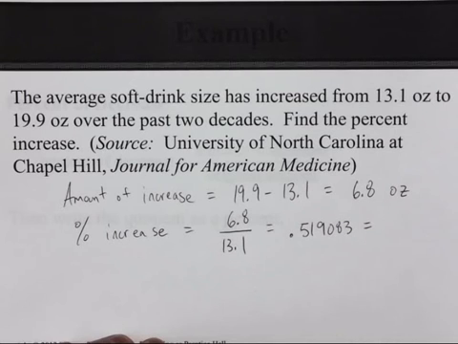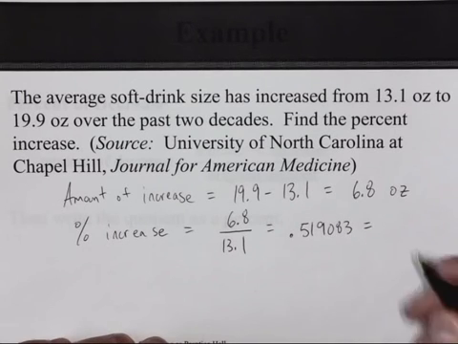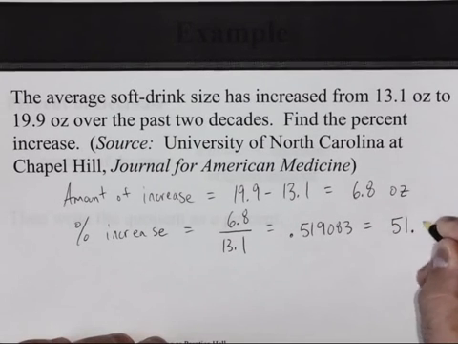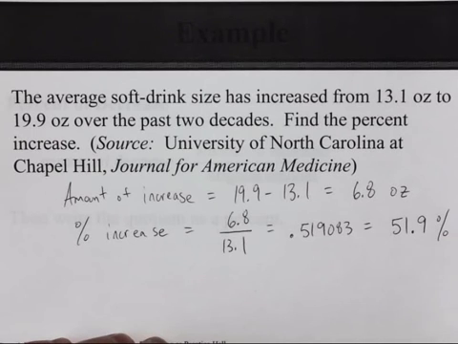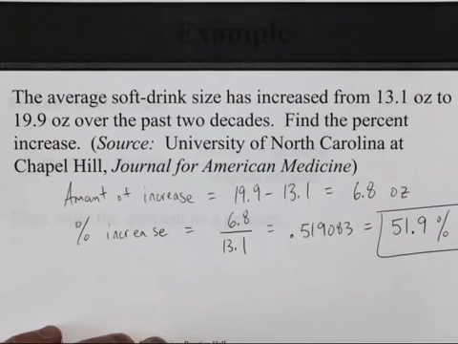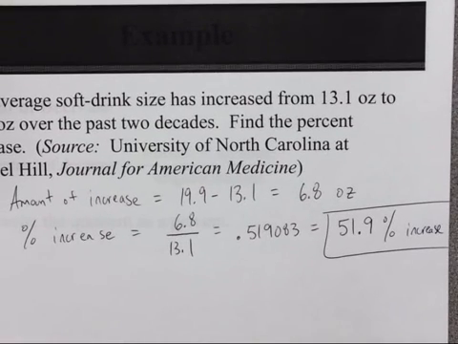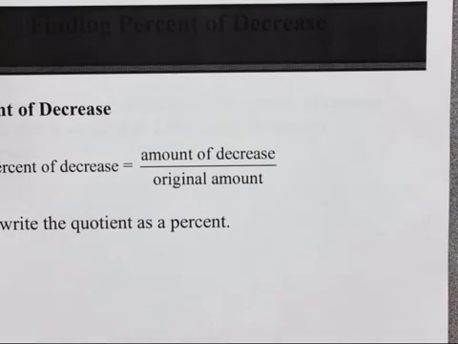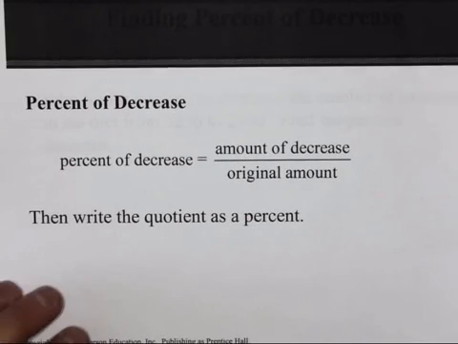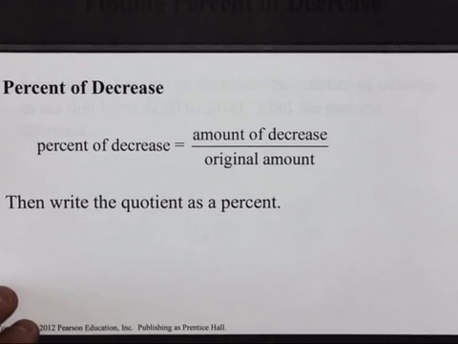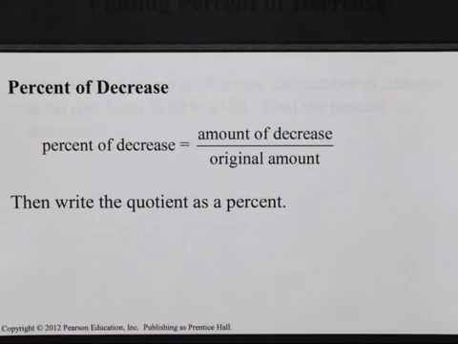To make that into a percentage, we move the decimal to the right 2 places, so we get a 51.9% increase in the amount of soda here. Okay, you see percent increase and decrease all the time in the news, making a comparison between two quantities.